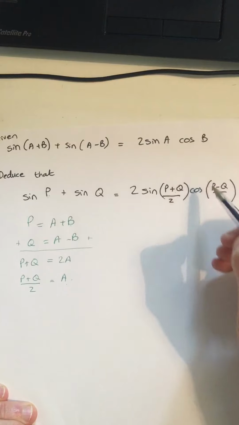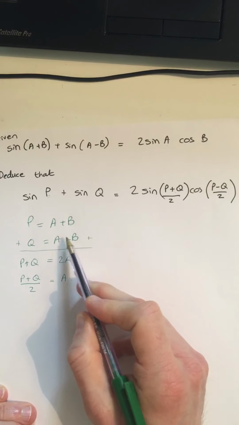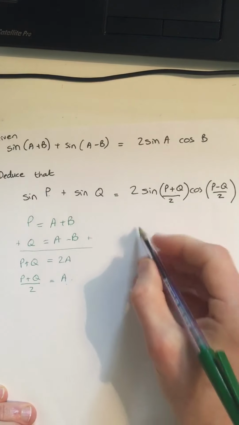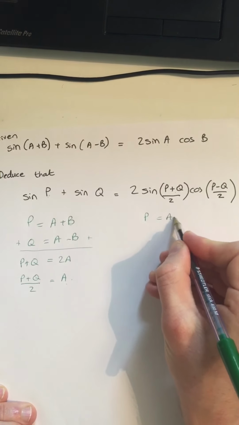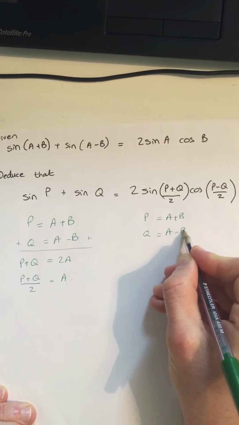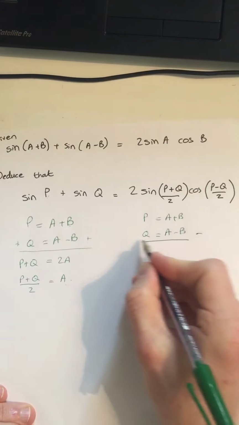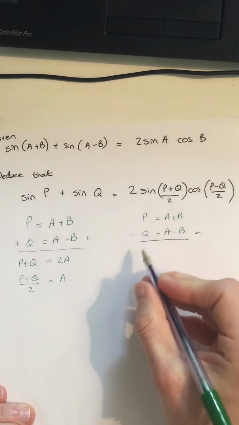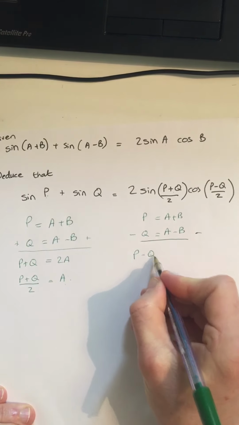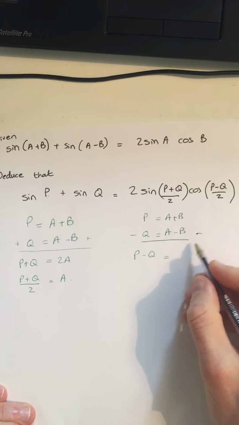Now to look at the B. Well, in order to get the B by itself, I want to eliminate the A. So let me just rewrite these equations very quickly, just so I can show my working separately. If I take these equations away from each other, on the left-hand side, I'll get P minus Q. On the right-hand side, I've got A minus A, which is 0.